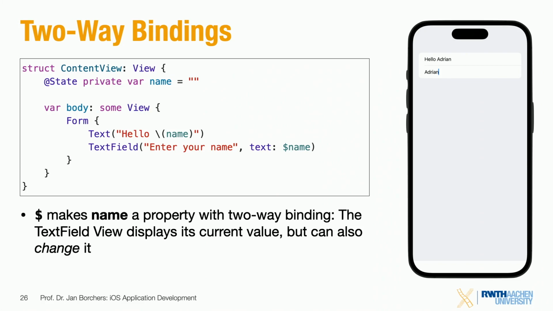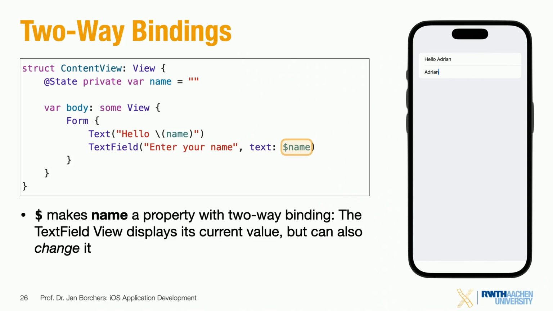So when the user enters stuff in there and the text field gets a new value, it can actually update this variable. So two-way bindings are important to be able to actually access things. This is the key thing about this slide, that you need to do this with a $ binding so that you can actually get to the changes that happen from the user input side and also from the code into the UI.